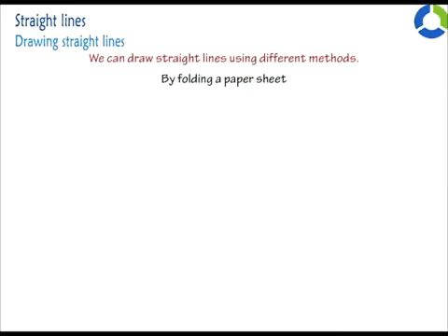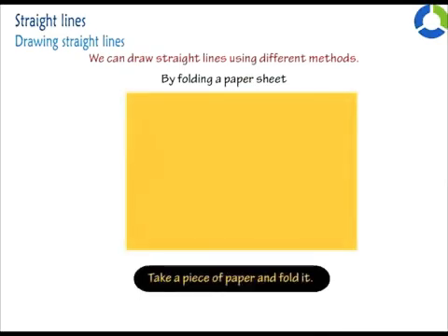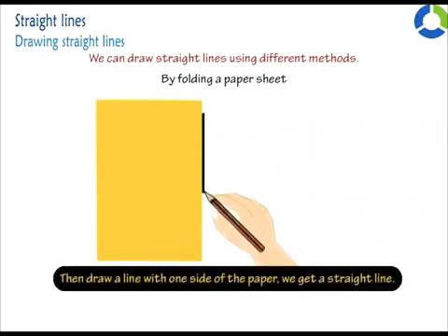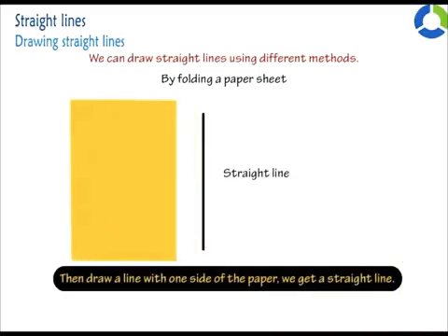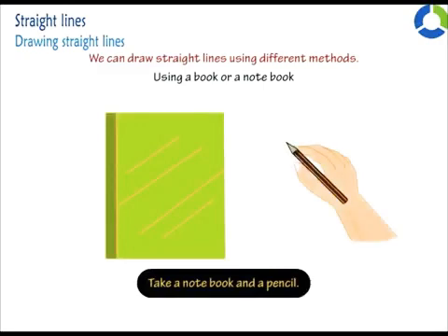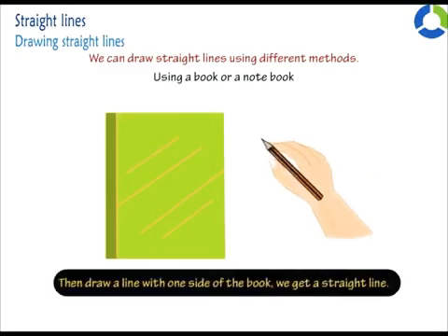By folding a paper sheet: take a piece of paper and fold it. Then draw a line with one side of the paper. We get a straight line. Using a book or a notebook: take a notebook and a pencil.